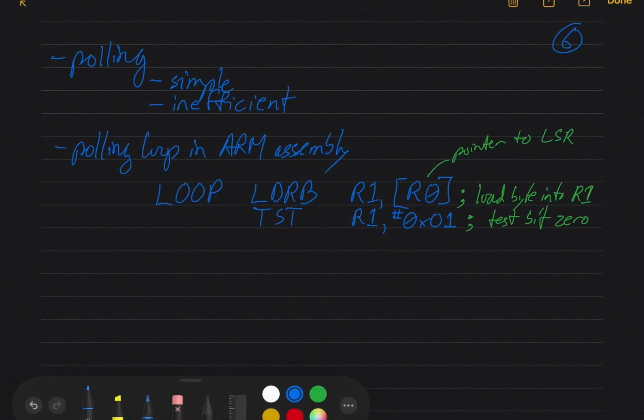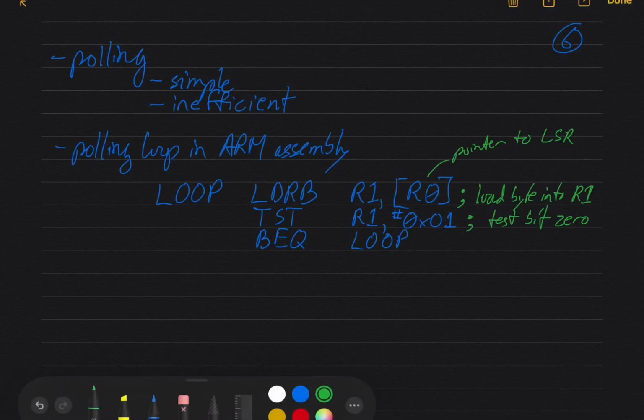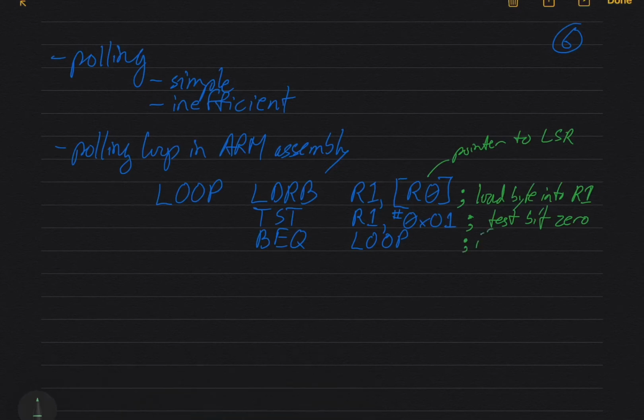And the third and last line of the loop is branch if equal. If the result of that bitwise AND on the previous line is 0, we're going to go back up to loop, and if it's not, then we exit the polling loop. So if 0, repeat. And loop is not a keyword in ARM assembly, it's just a label, a way to identify which line to go back to.